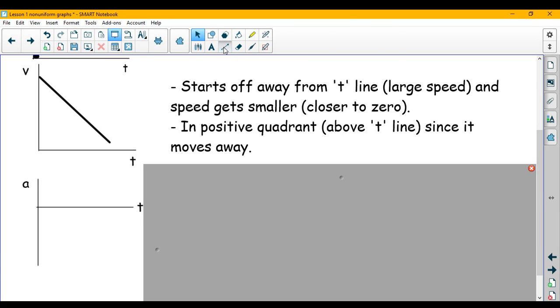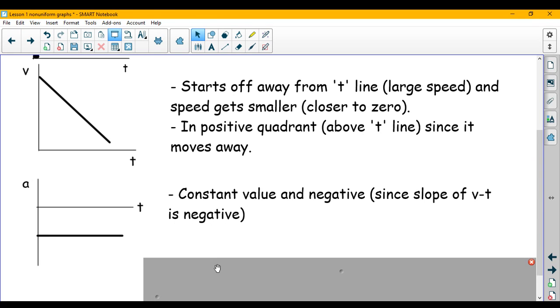Now that's really logical because we're taking speed away. And to do that, we need our acceleration to be a negative number. So we have a constant value, but negative, since the slope of the VT is negative and we're taking speed away while moving in a positive direction.